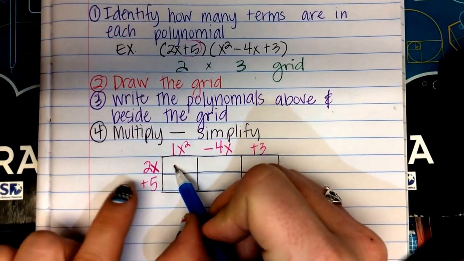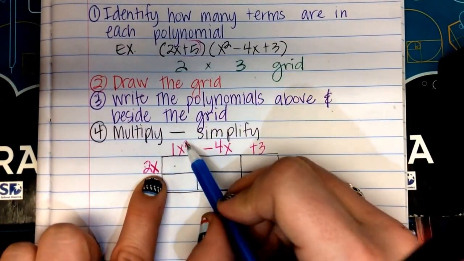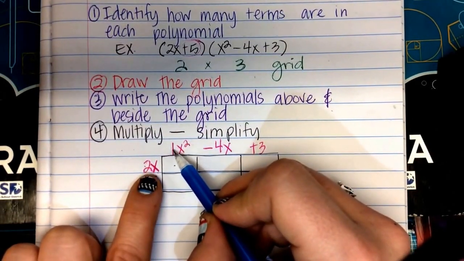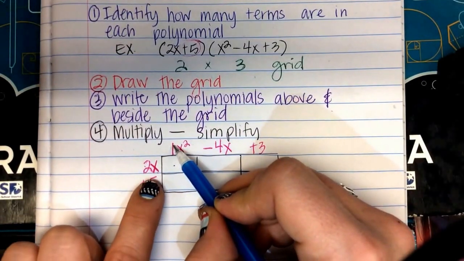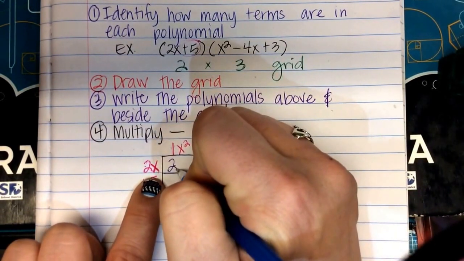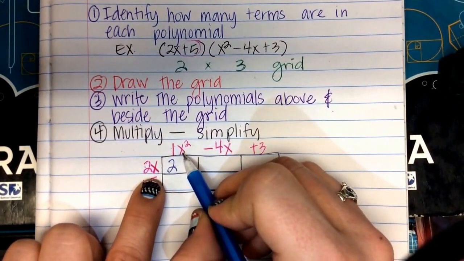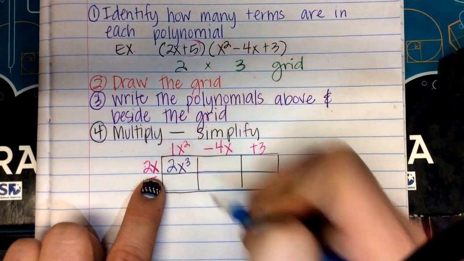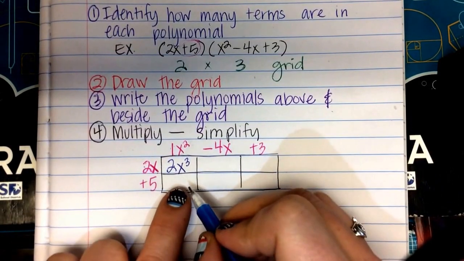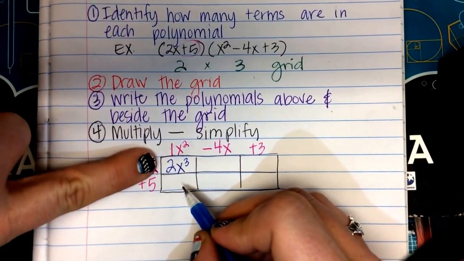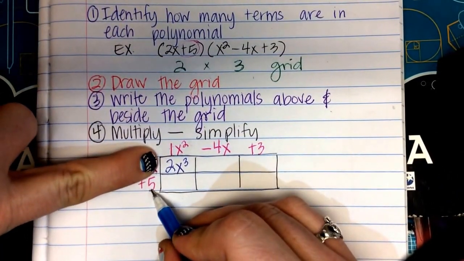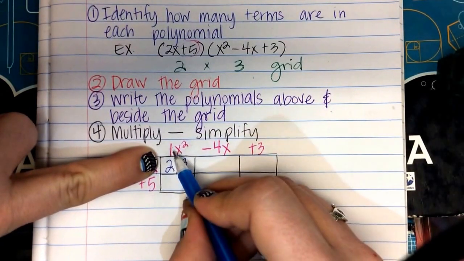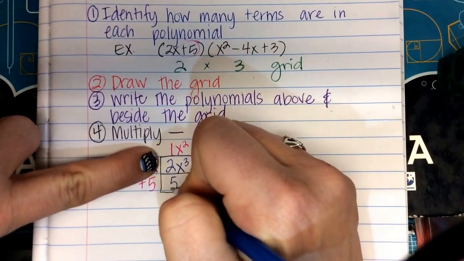For this box, I'm going to do 2x times 1x squared. So we multiply our coefficients. 2 times 1 is 2. And x times x squared is x to the 3rd. Then I'm going to fill in this box. And this box is 5 times 1x squared. 5 times 1 is 5.